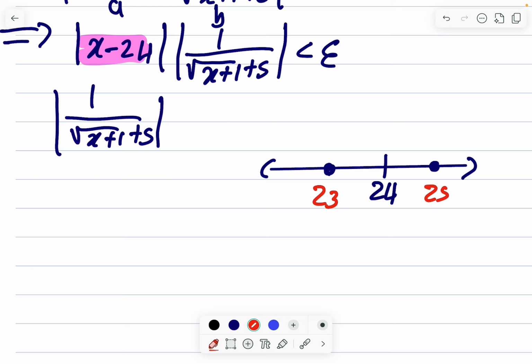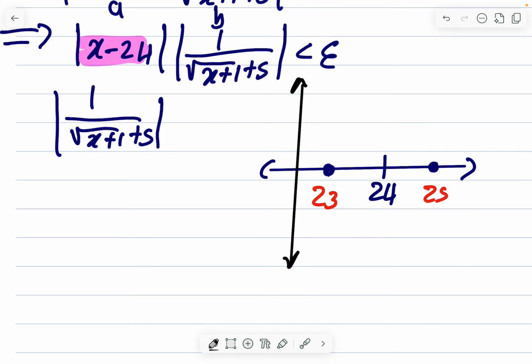Understand? So if that was the graph, let me write that graph like this. If this was my graph, the graph was going to go like this. Let me show you.